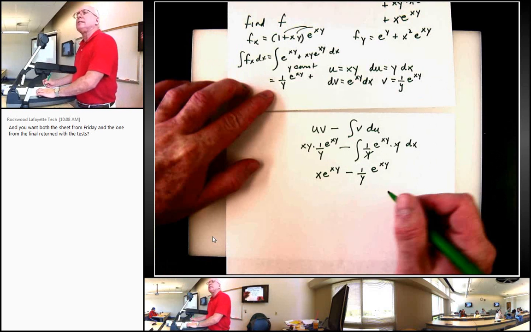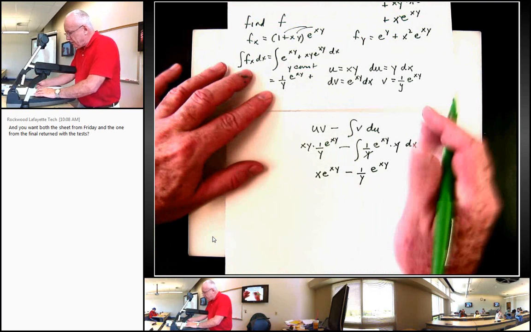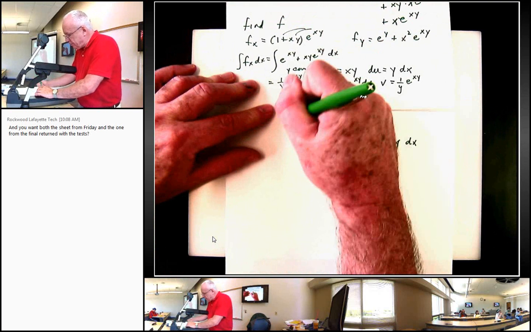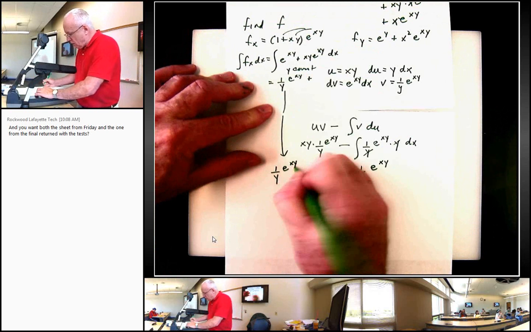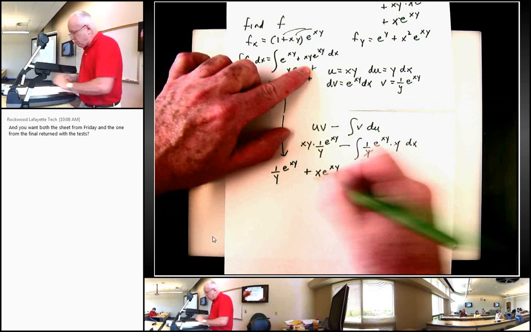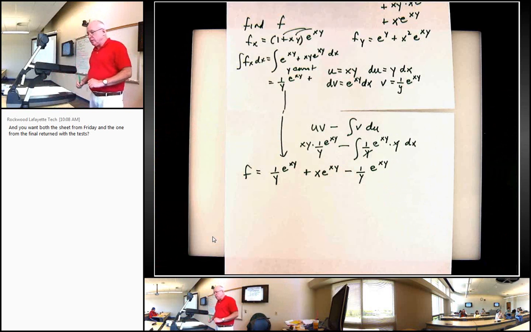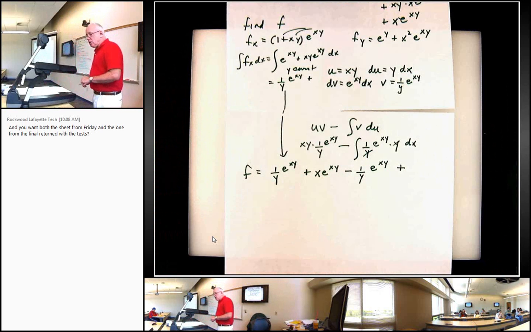No, of course, in this case, they would cancel each other out. Remember this very first term where we didn't have to use the product rule, that got us 1 over y, e to the xy. The rest of it is plus the rest of this, and this is our little f function.